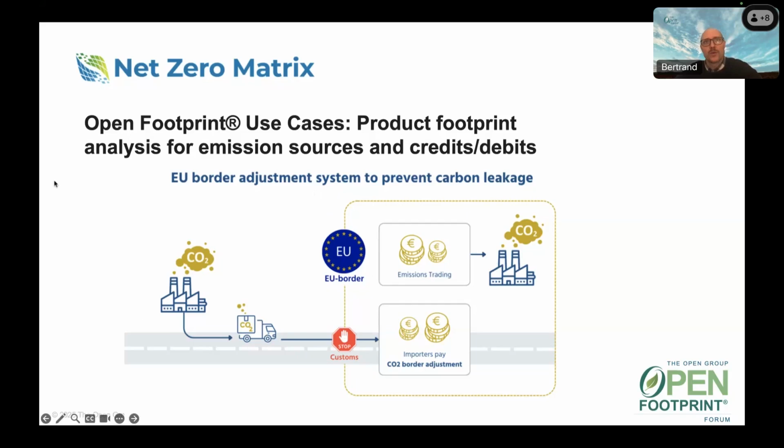We're looking at how we can use the Open Footprint Data Model and also the modular tooling we're building to assist companies that may view this as a challenge, to say, we've never had to report this kind of information. How do we extract that information from our existing systems and put it into a format that complies with the EU border legislation, what they call the CBAM, or Carbon Border Adjustment Mechanism?